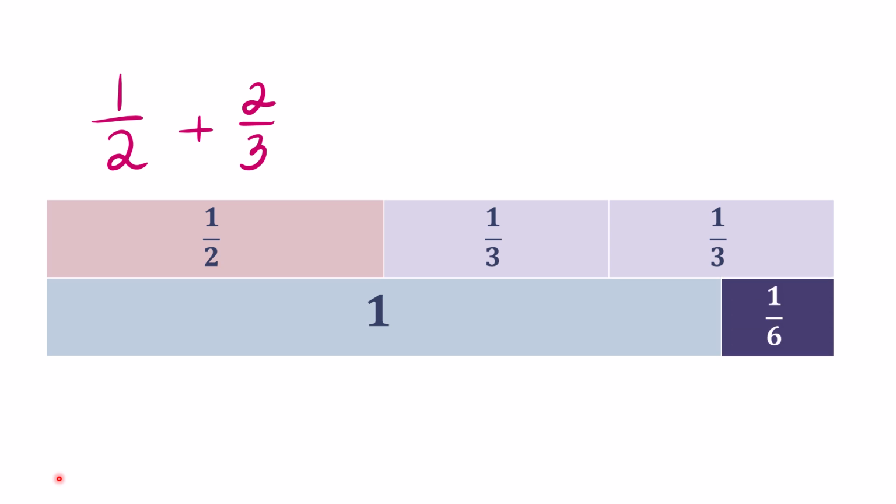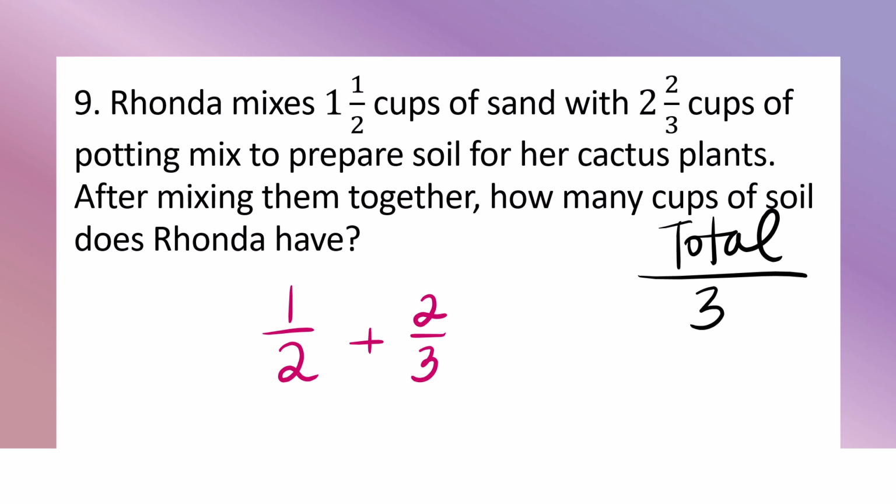We're just missing a little chunk there, and you could use your manipulatives to find out which chunk matches that little size, and that's 1/6. All right, so our fractional pieces add up to 1 1/6. So we've got 3 plus 1 1/6 gives us 4 1/6. So altogether, Rhonda's got 4 1/6 cups of soil.